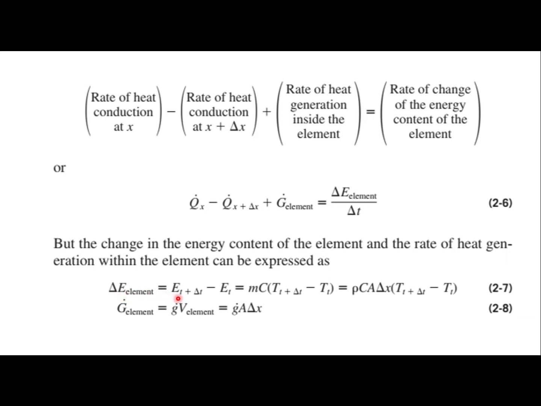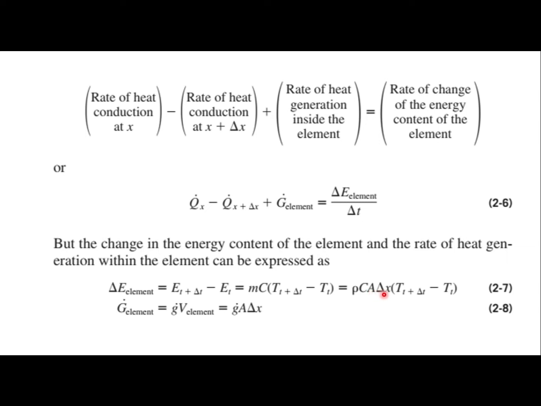It can be expressed in terms of time. This is the energy change, the energy difference at time t and t plus delta t. So it can be expressed as m c delta T. This m could be replaced with the density and the area multiplied by the length delta x.